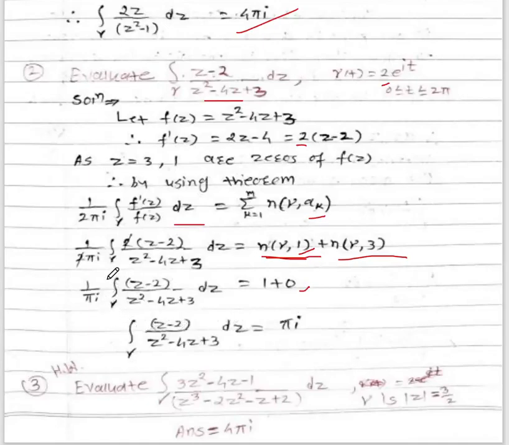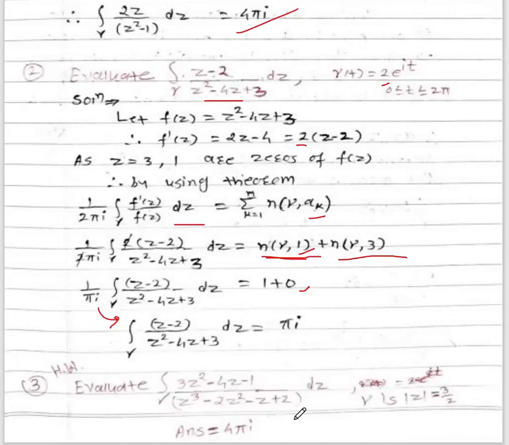So here the 2s will get cancelled. The only remaining term is the integral of z minus 2 upon z square minus 4z plus 3 dz equal to pi. So transfer this term to the RHS, equal to pi i. So this is the second example on the counting of zeros theorem.